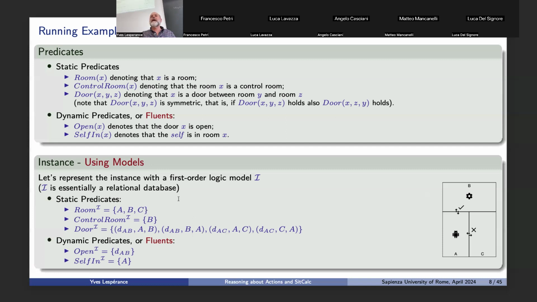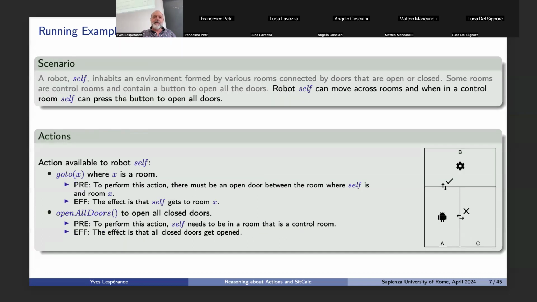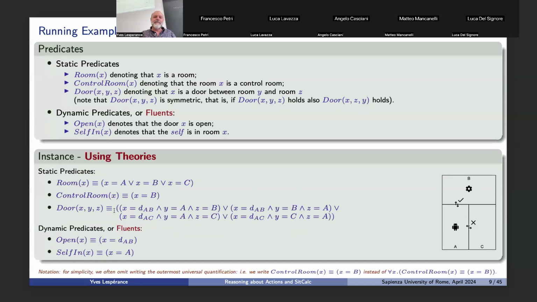Here room is a one-place relation, door is a three-place relation, and so on. If you're using theories, then you write sentences. So here's a theory that is satisfied by the model that we talked about on the previous slide.